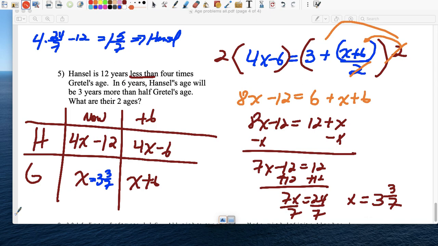Minus 6, x plus 6, so far so good. In 6 years, Hansel's age, which is 4x minus 6, will be 3 years more than half of Gretel's age, which is x plus 6. I'm okay with that.